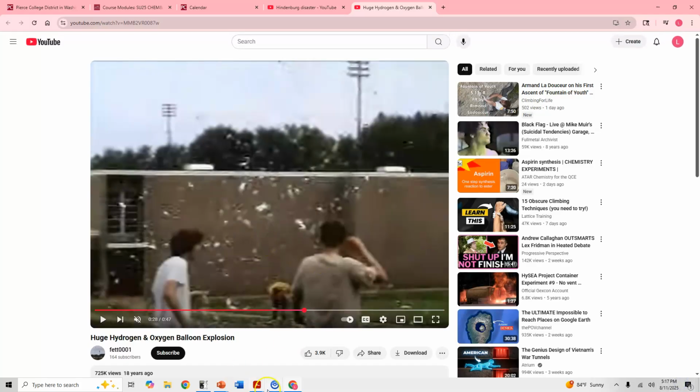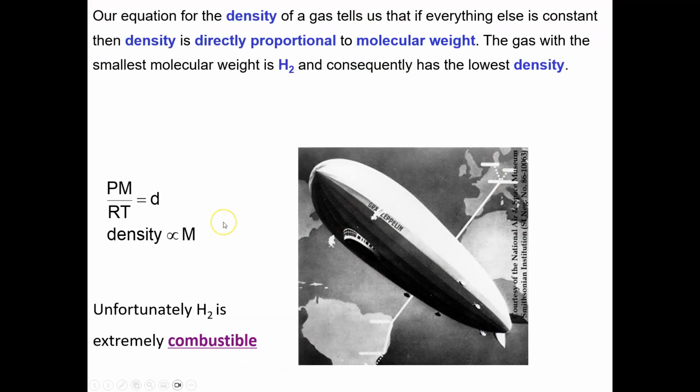So hydrogen burns with a characteristic sort of popping noise, and so it makes a pretty loud bang when it does burn.